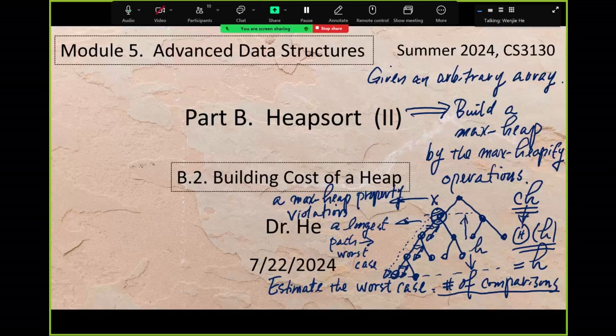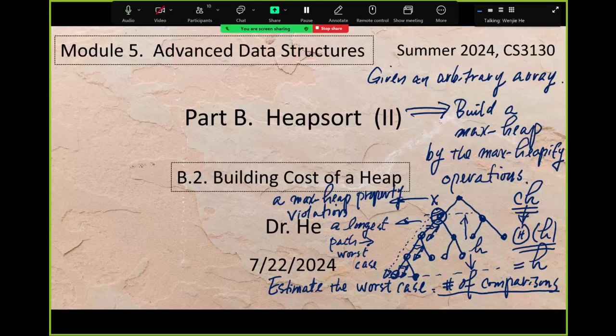We need to pay that to fix one node violation. Then, in order to compute the building cost of this whole max heap, we need to fix violations everywhere, right? So we need to consider all the possible violations.